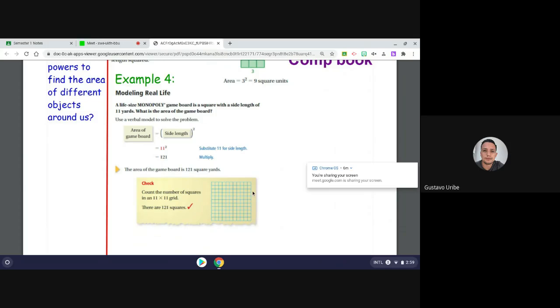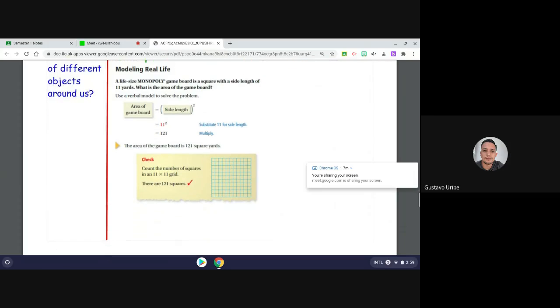So 11 squared, meaning 11 times 11, is going to give me 121. So the area of this game board is 121 square yards. Again, if you actually take the time to count them, you're going to get 11 by 11.